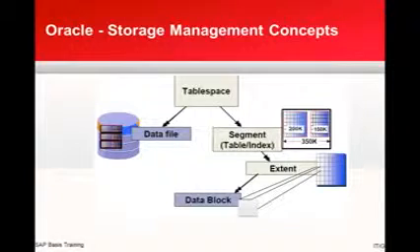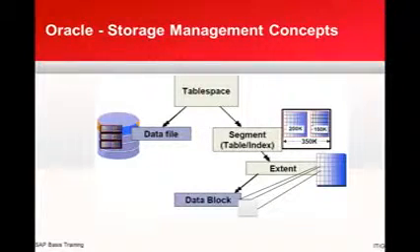Okay, now let's get into the storage management aspect. Basically the different things like the data files, the table spaces, the segments, the extents, the data blocks, and how they are interrelated. That's what we will be covering in this section.